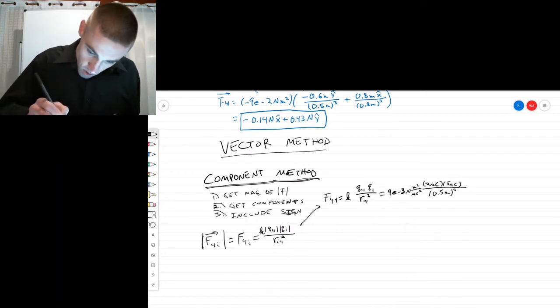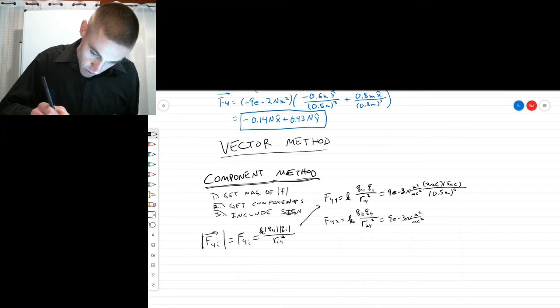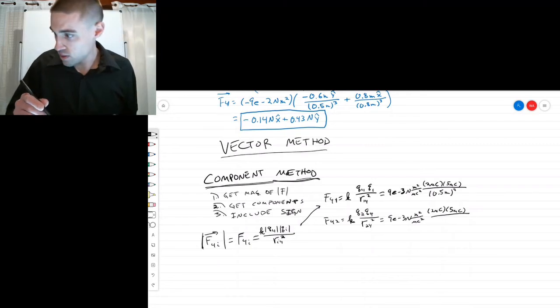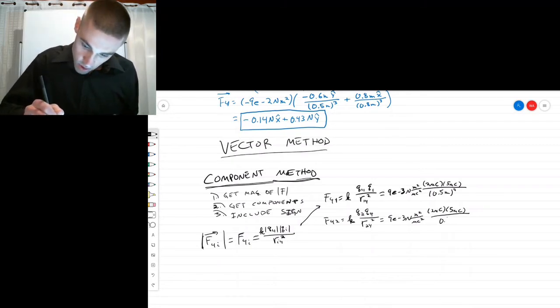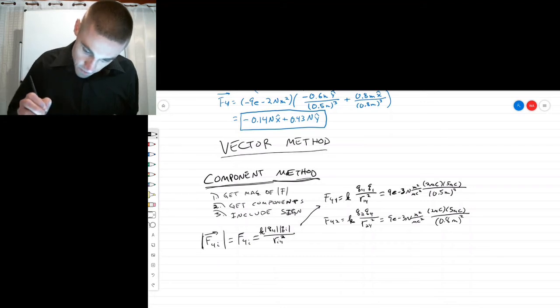Okay, and F42 then is k Q2 Q4 over r42 squared. That's going to be 9 times 10 to the minus 3 Newton meters squared per microcoulomb squared times 2 microcoulombs times 5 microcoulombs over, well, now the distance is 0.8 meters squared.